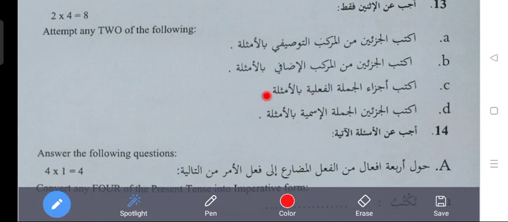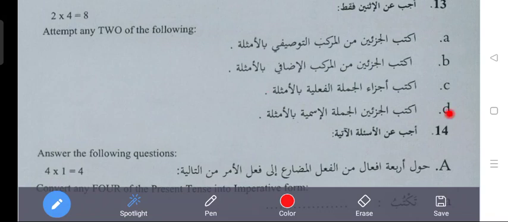Write down 3 examples like kataba al-waladu al-ajwibata, the boy wrote the answers. Then qara'at at-talibatu ad-darsa, the girl student read the lesson. Another example, khalaqallahu al-alama, Allah has created the world.